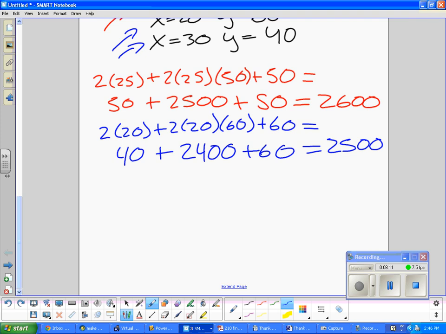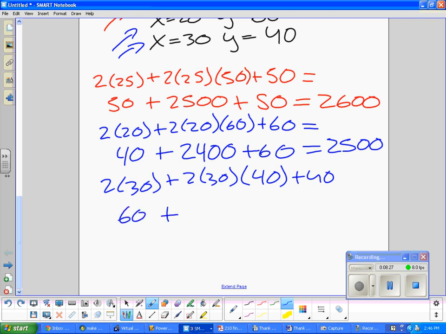Our next one, we plug in 30: 2 times 30 plus 2 times 30 times 40 plus 40. 60 plus 60 times 40, 2,400 again, plus 40, which is exactly what we got before, kind of like a parabola.